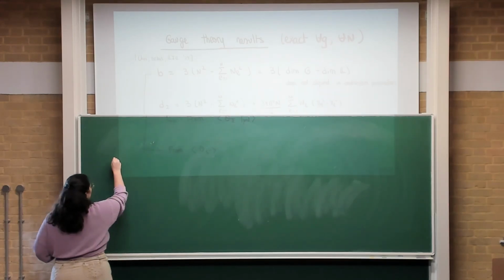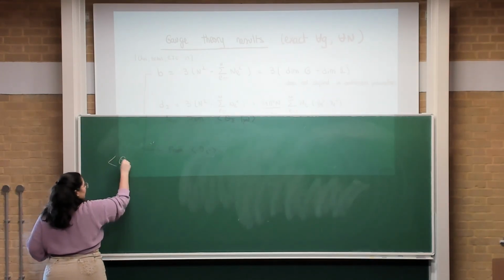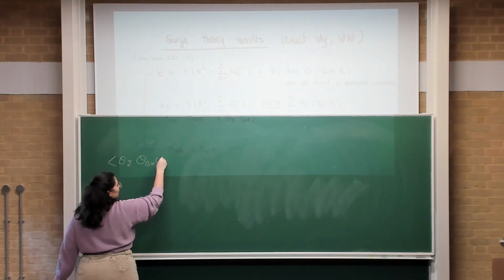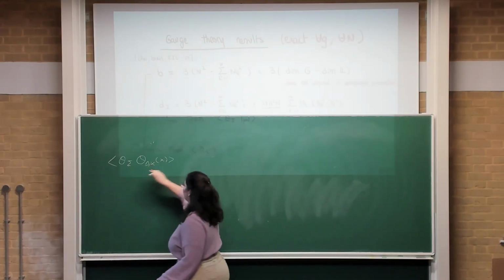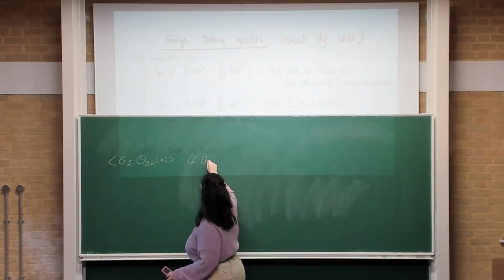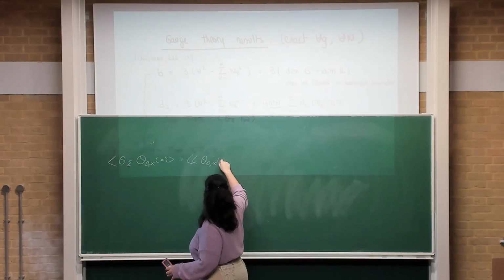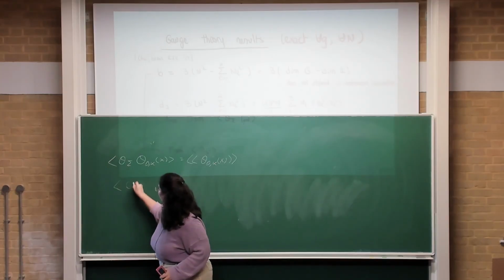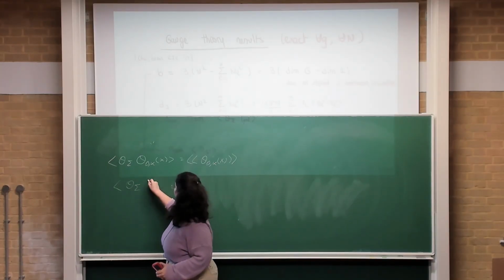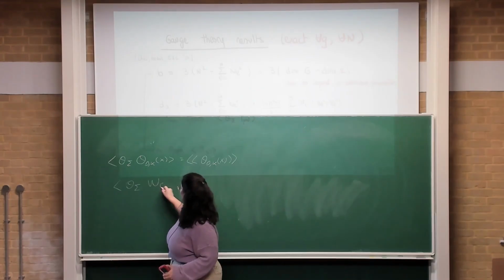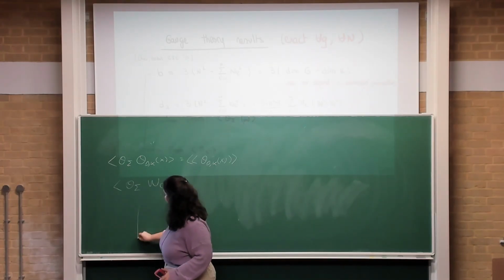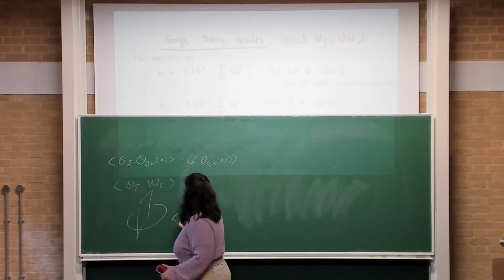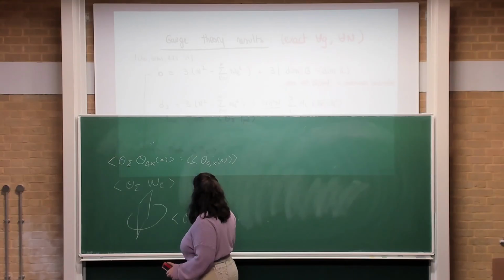In particular, the one-point function, and then also the correlation function of the surface operator with a Wilson loop, so I have the surface and a Wilson loop wrapping around it, and also this expectation value.